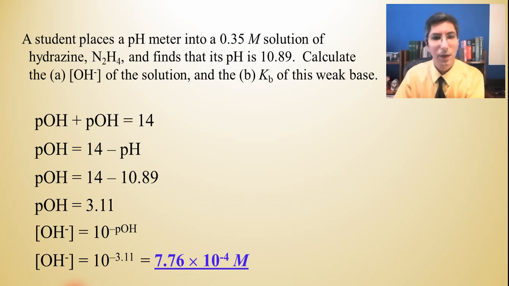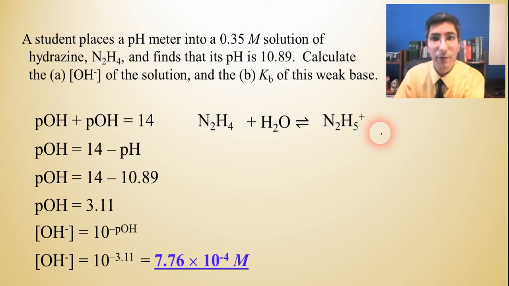Let's write the base dissociation reaction for this, even though it doesn't specifically ask us to. Hydrazine is N2H4, and we're going to add it to water. And we know that one of the products will be the conjugate acid, so N2H5 positive, and of course hydroxide, since this is a base.